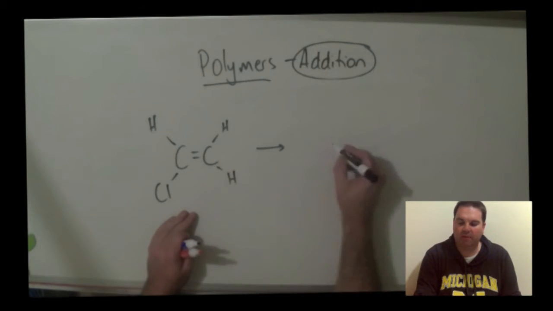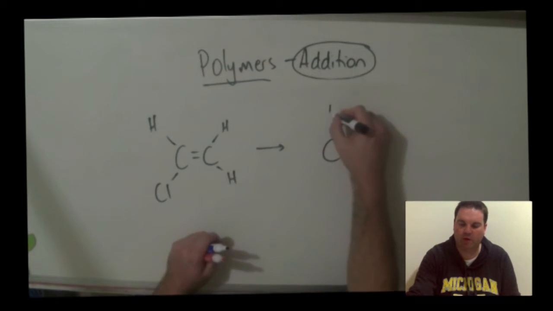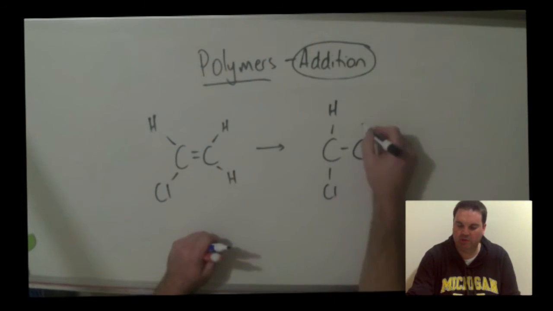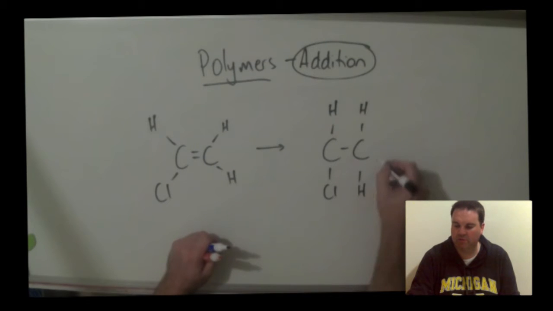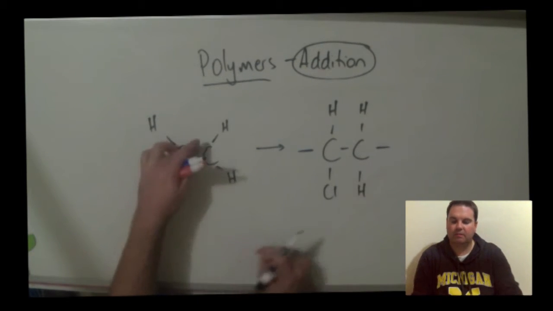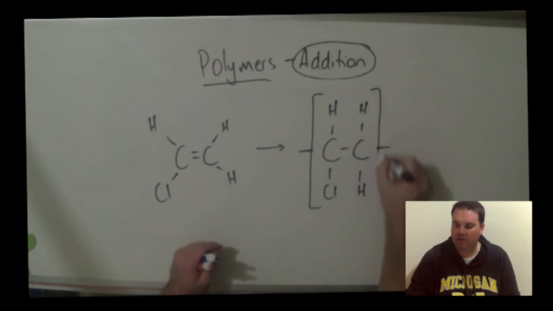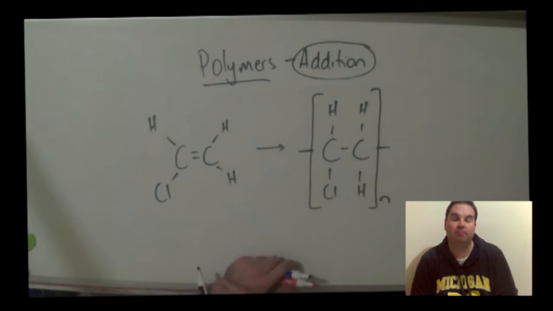So you've got a carbon-carbon double bond, you've got a carbon-carbon single bond, like that. Put your hydrogen in, put your chlorine below it, hydrogen, put the ends on. All you're doing is taking this, getting rid of the double bond in the middle, putting a single bond there, ending off either side of your brackets, like that. And there's your polyvinyl chloride repeating unit.